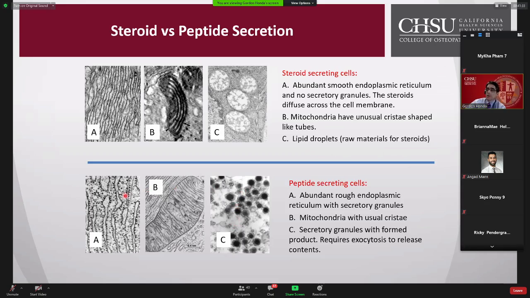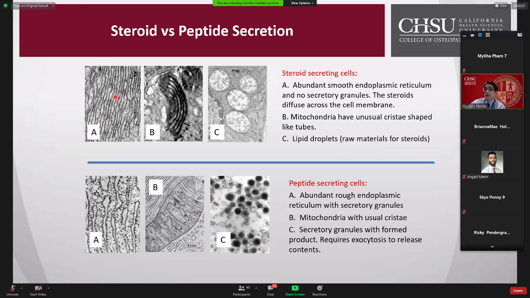And also the medulla, because it's synthesizing a peptide hormone, it's going to have rough endoplasmic reticulum. That's rough endoplasmic reticulum because it's got the ribosomes on it. Now, going back up to steroid secreting cells, they have fat droplets. This one shows the crumpled paper kind of look, but it's mainly clear looking. And here's smooth endoplasmic reticulum. This is a slightly different look where it's outlined better.